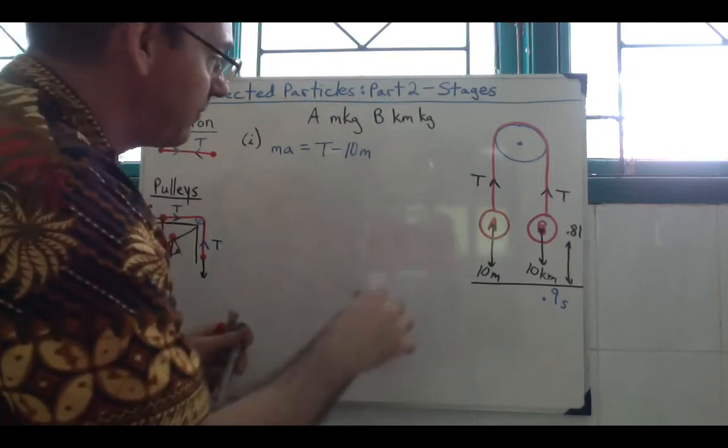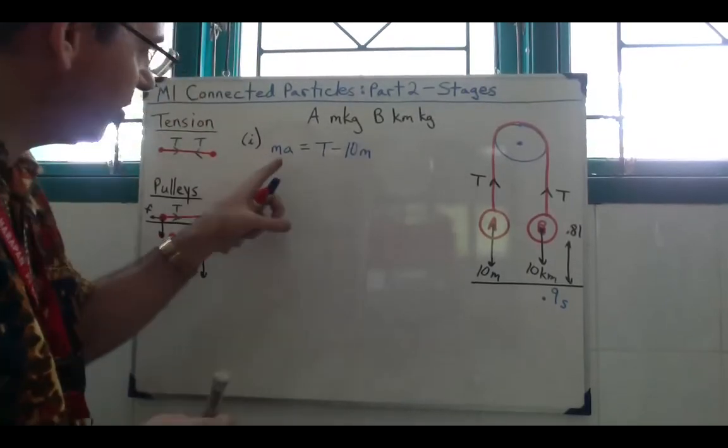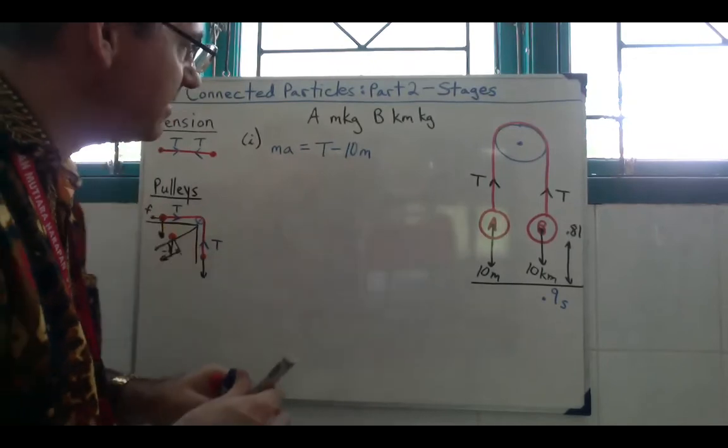Oh, sorry, so we'll continue with this. M times a equals T minus 10 m.